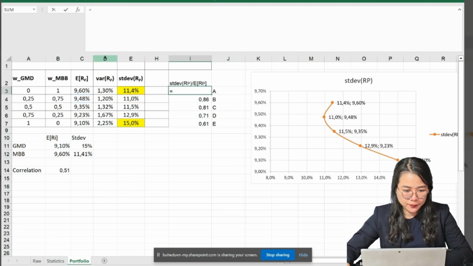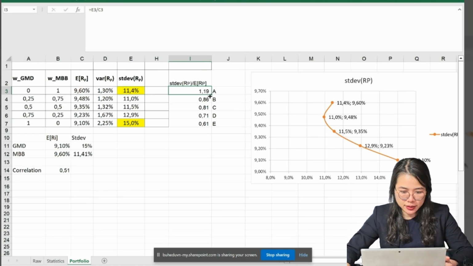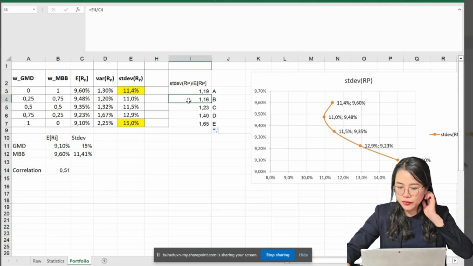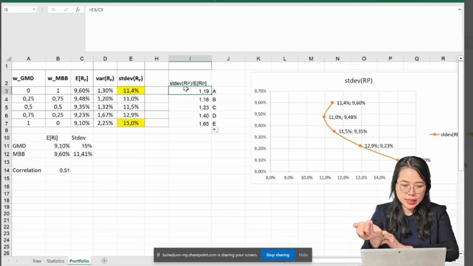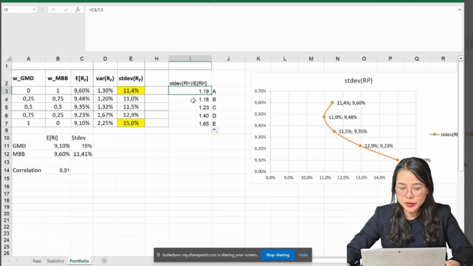So I take standard deviation divided by expected return, it should be like this. So for this number, the lower the better, right? The lower the better. So between portfolio A and portfolio B, we see that portfolio B has a lower risk-reward ratio, and is really better.